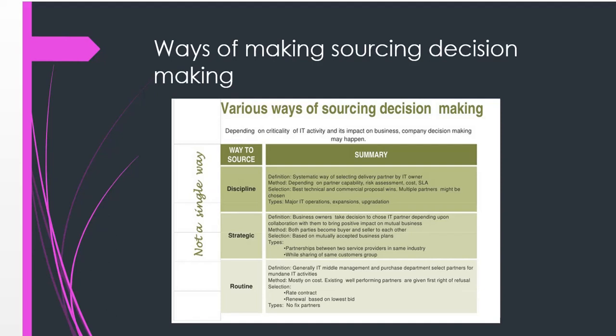So the ways that we can make some of these sourcing decisions can be based on discipline. So you can say, based on databases, or based on servers, or based on networks, we're going to decide whether we're going to use this or that sourcing strategy. It can also be strategic, so you can decide to take on a sourcing strategy as a strategic decision, either to get into a certain market, to partner with certain people, to get value from other organizations, and the like.